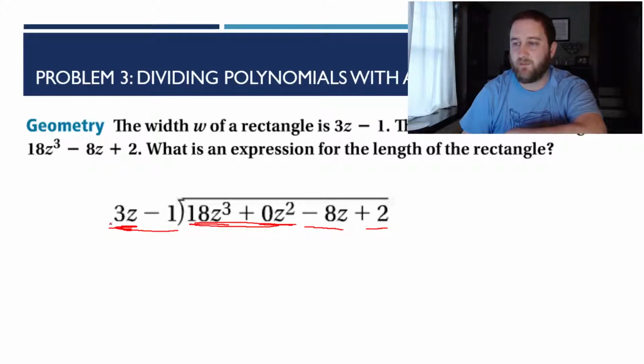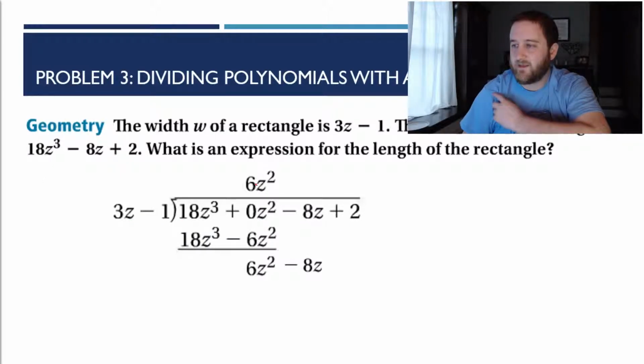We want to see how many times 3z goes into 18z cubed. We know 3 goes into 18 6 times, and z goes into z cubed z squared times. So I'm going to put the 6z squared above the second term right here.